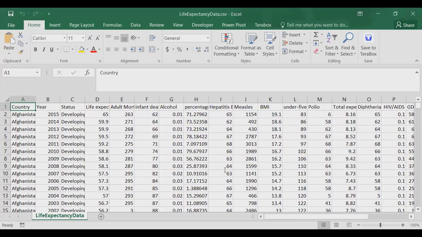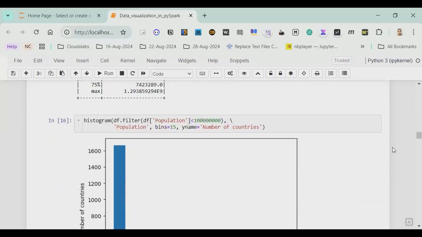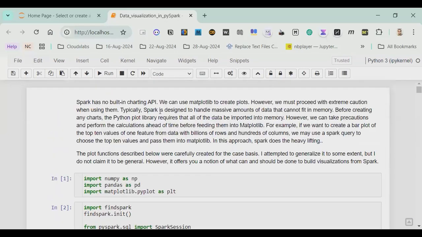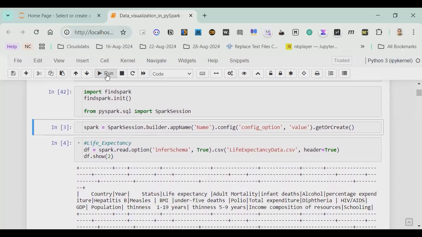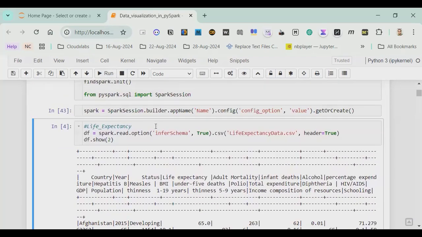So when I go to my notebook, here we can see first we are importing our packages, right? So let's import it here, and just go ahead with simply PySpark SQL Spark session and create your Spark session.